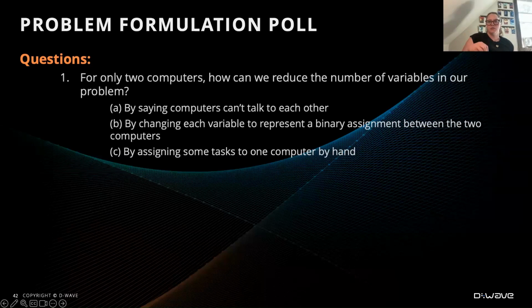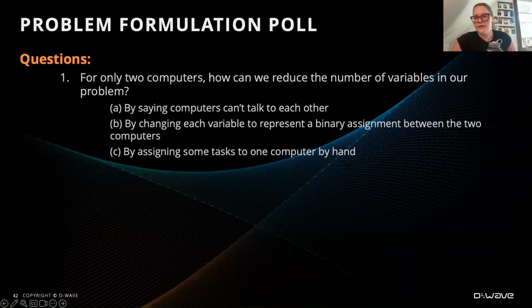How could we reduce the number of variables in our problem using just 2 computers instead of k computers? Our options are A, computers can't talk to each other, B, changing each variable to represent a binary assignment between the 2 computers, or C, assigning some tasks to 1 computer by hand.